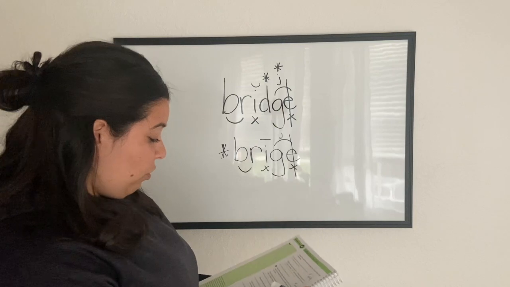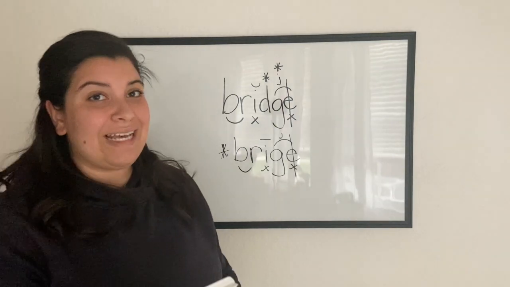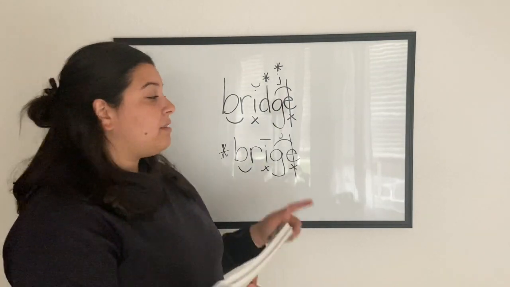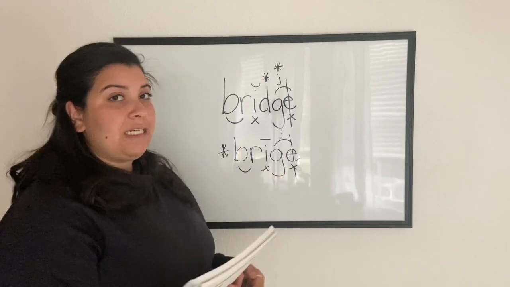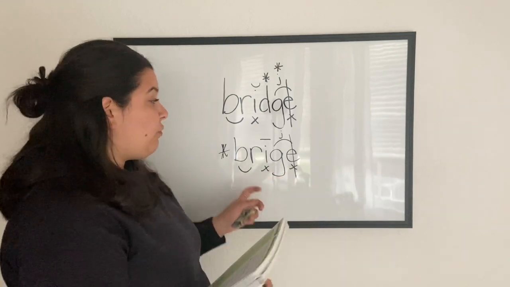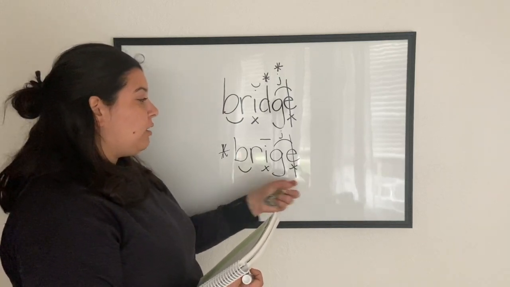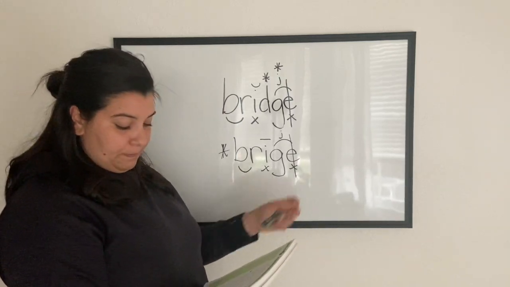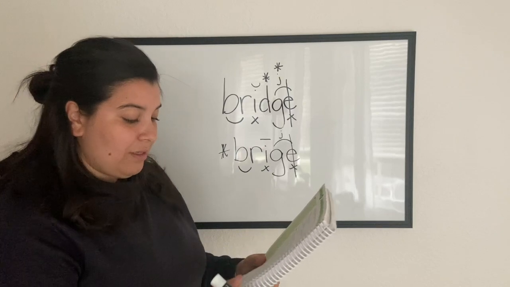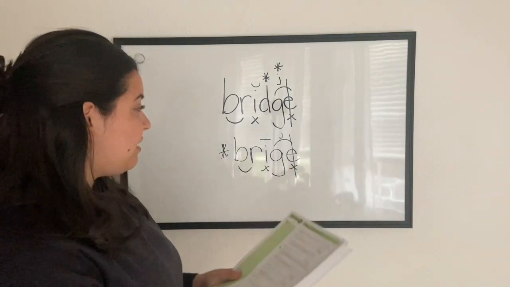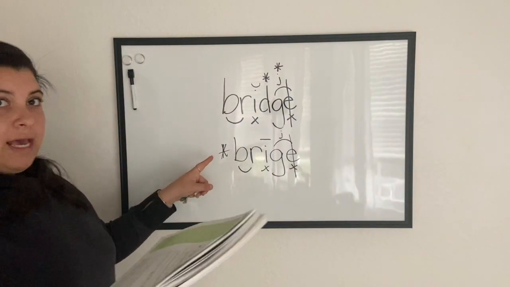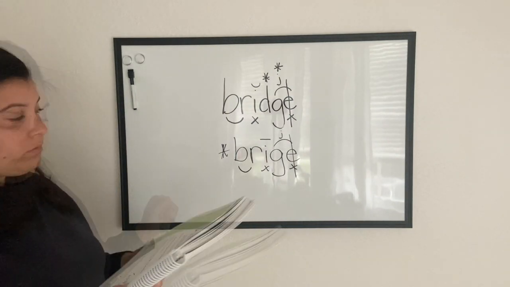So the long vowel sound for I is I, and the sound for G and E together is J. So if we put our word together, it would be bride, bride. So because this is a nonsense word, remember it gets a star at the beginning.